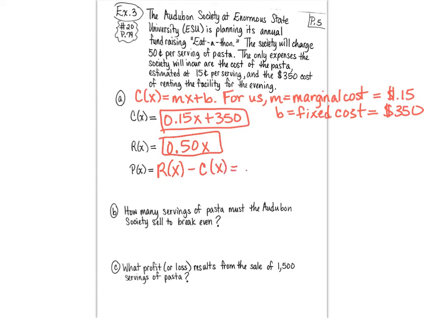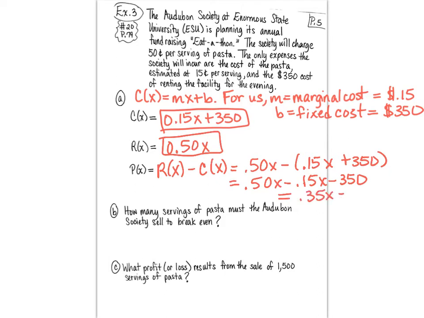So that's equal to 0.50x minus the quantity 0.15x plus 350, because this is our cost. And we distribute the negative, so we have 0.50x minus 0.15x minus 350. So that gives us the equation 0.35x minus 350. Okay, so that's our profit equation.